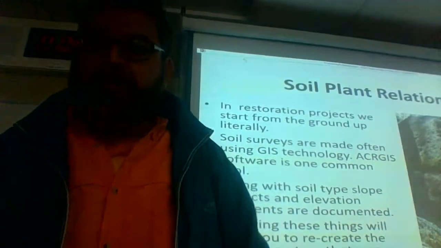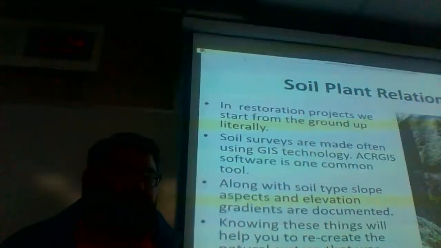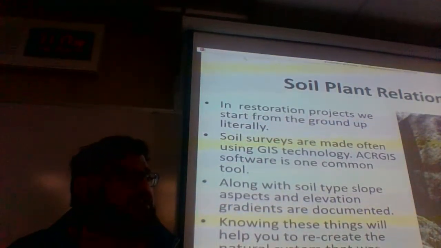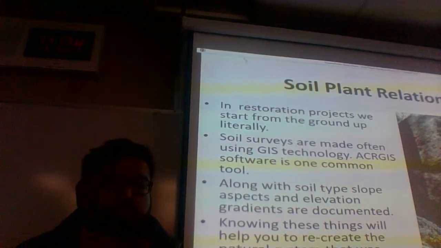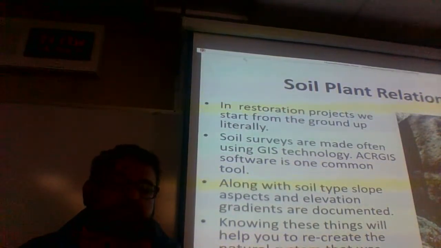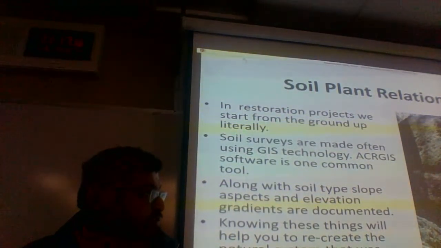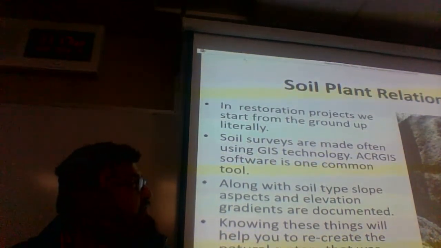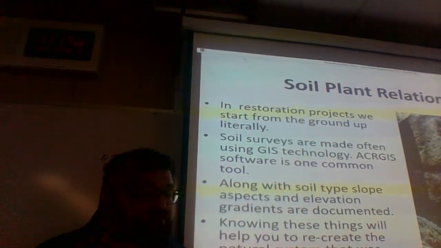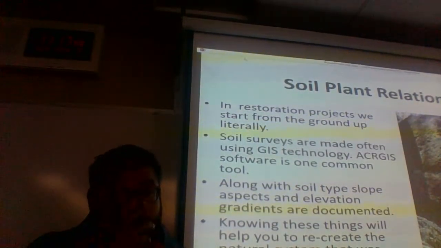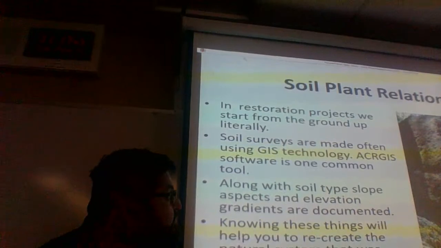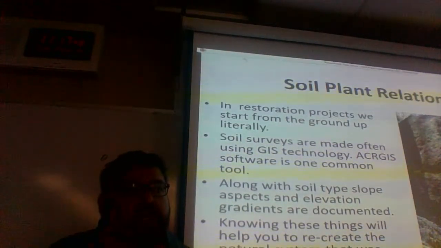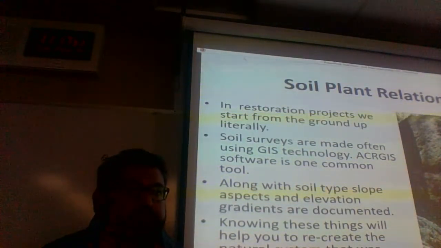So in restoration projects, whenever we're going to grow plants, you take a soil type, right? You want to know what type of soil you have. We've got pH. We covered nutrients. You also know what type of soil it is, igneous, sedimentary, that type of stuff. That'll help you. So when we do restoration projects, we really need to know what the soils are because that dictates how the plants are going to grow.